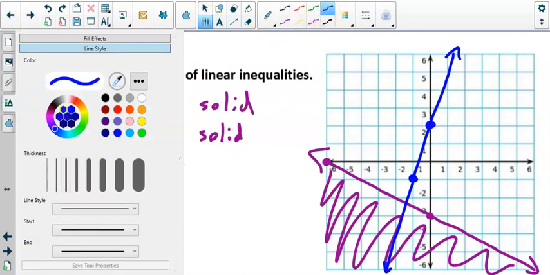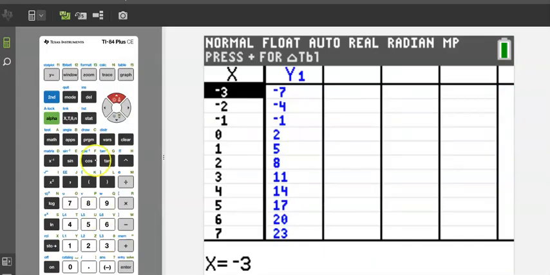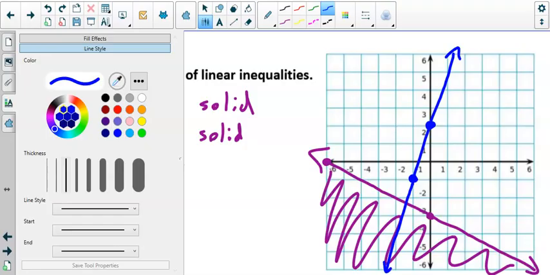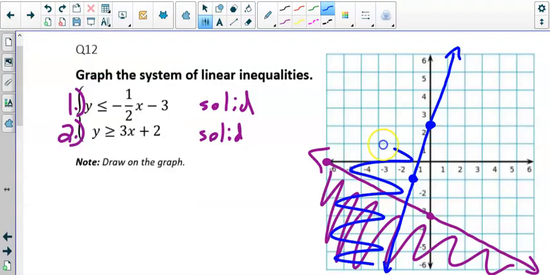All right, where did this guy shade? To the left side of it, right? So we go over here. This guy shades to the left. And so when you're solving systems, it's all about where the colors overlap.